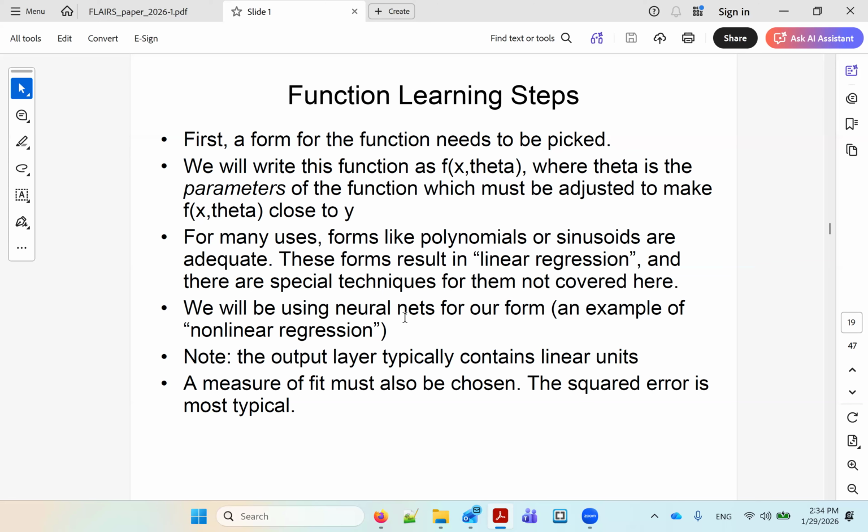All right. Now, for many applications, there are other things to do. Back in the day, when neural networks got started, there were other techniques used in settings where you were going to do complicated function fitting, function learning, function approximation. So you can use things like polynomials and sinusoids.